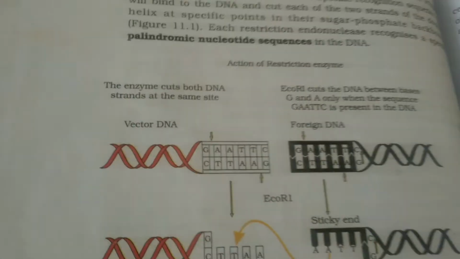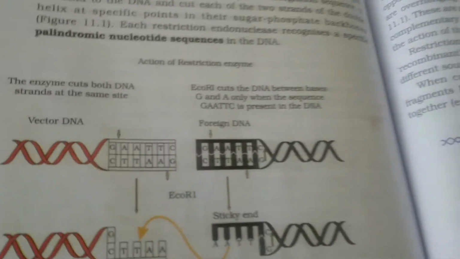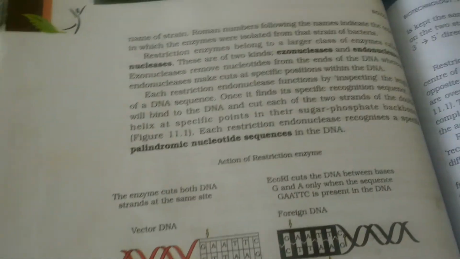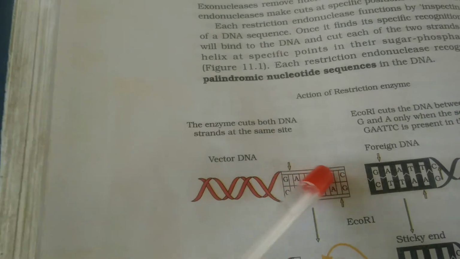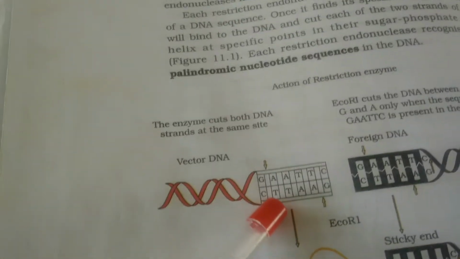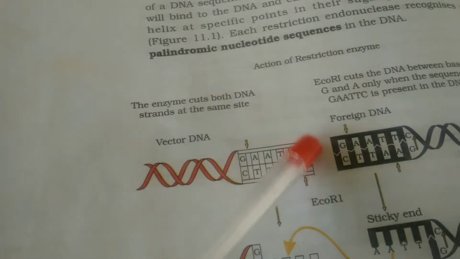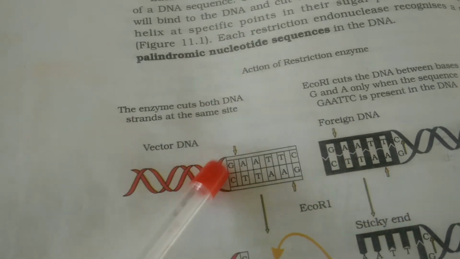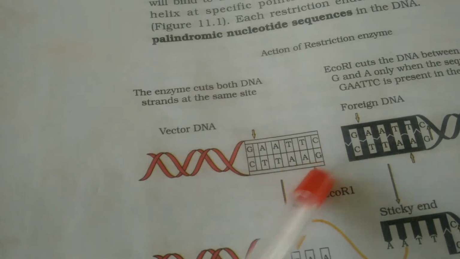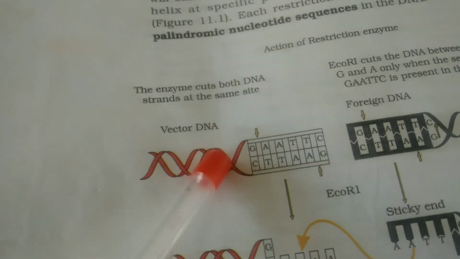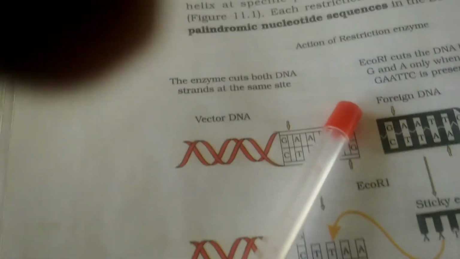So this is the diagrammatic representation in our textbook. It is the DNA. This DNA is called vector DNA. The vector DNA has the sequence of bases called the palindromic sequence, GAATTC, and CTTAAG.